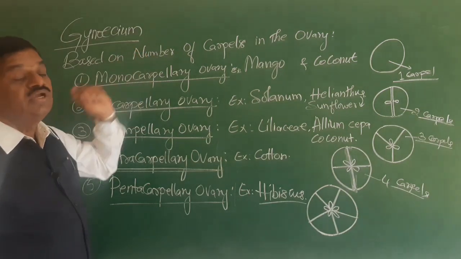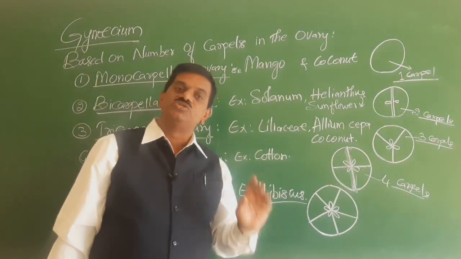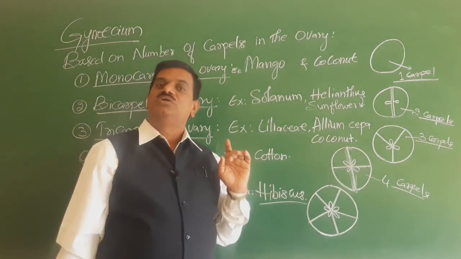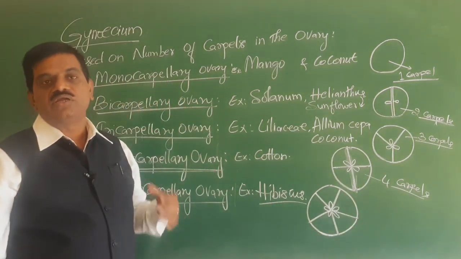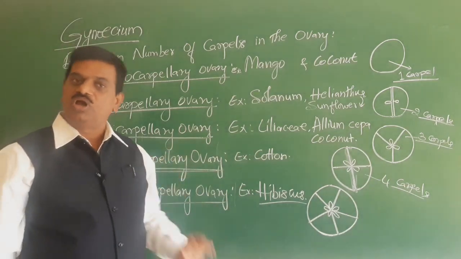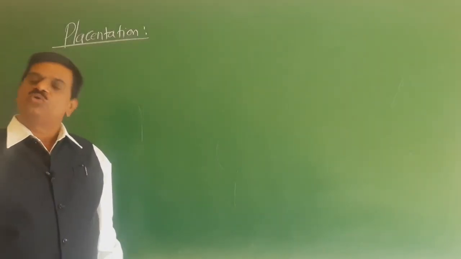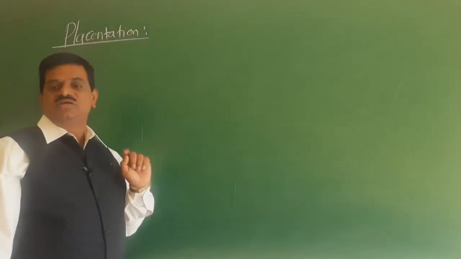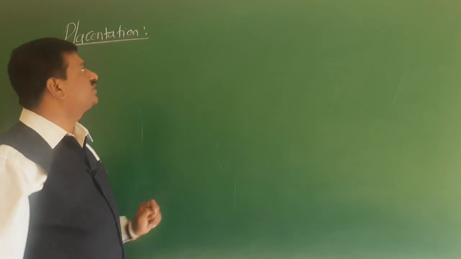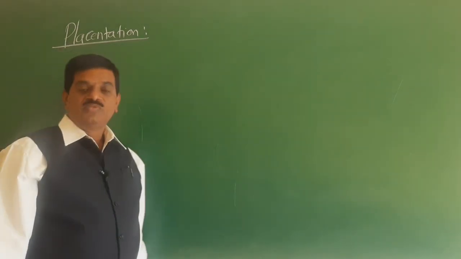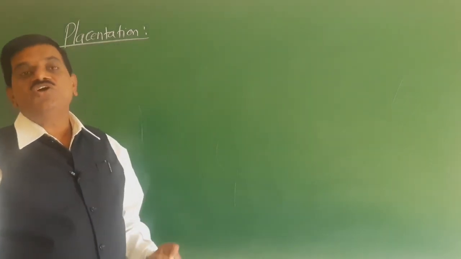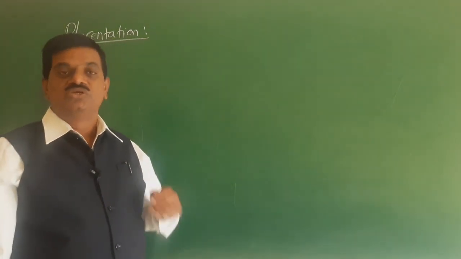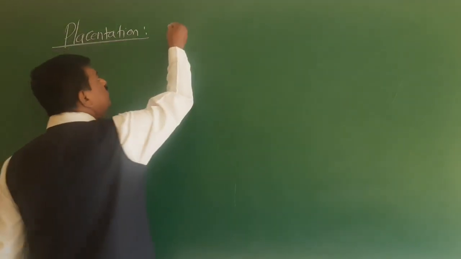Based on the locules, there are different types: unilocular, bilocular, trilocular, tetralocular and pentalocular. We are going for the next heading, placentation. Again important for the exam, usually it occurs as a 5 marks question. The meaning of placentation is the arrangement of ovules within the ovary.